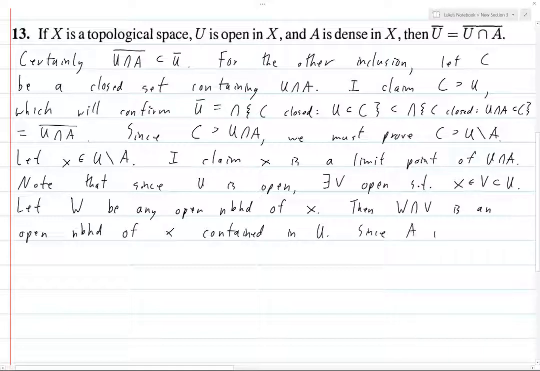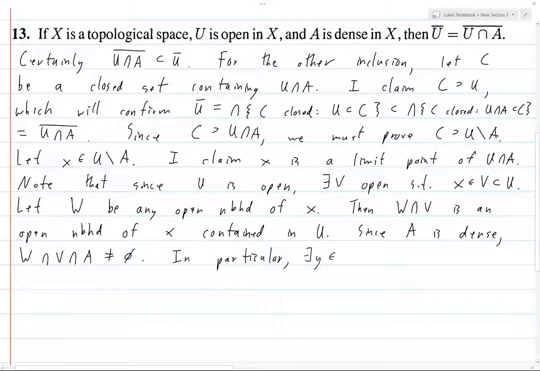And since A is dense, W intersect V intersect A is non-empty. So, in particular, it contains some element.